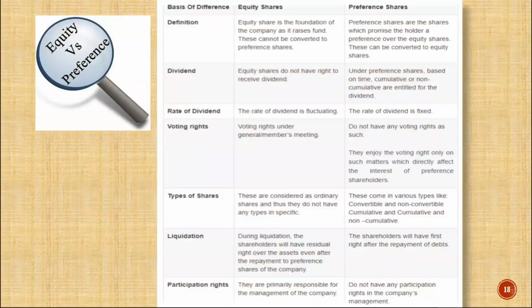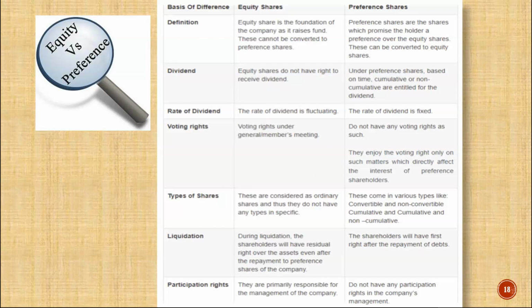Let us see the difference between equity shares and preference shares. First is definition. Equity share is the foundation of the company as it raises funds. These cannot be converted to preference shares, while preference shares are shares that promise the holder a preference over the equity share.